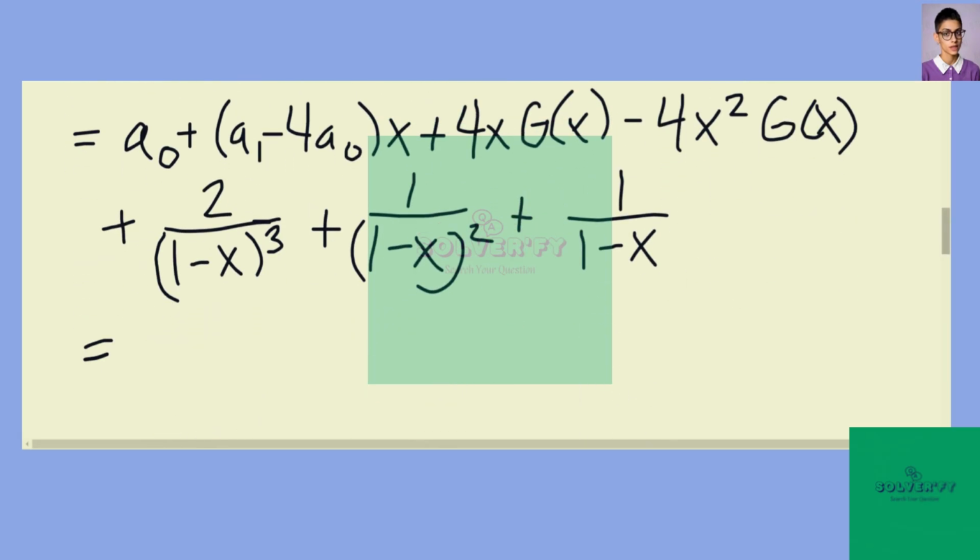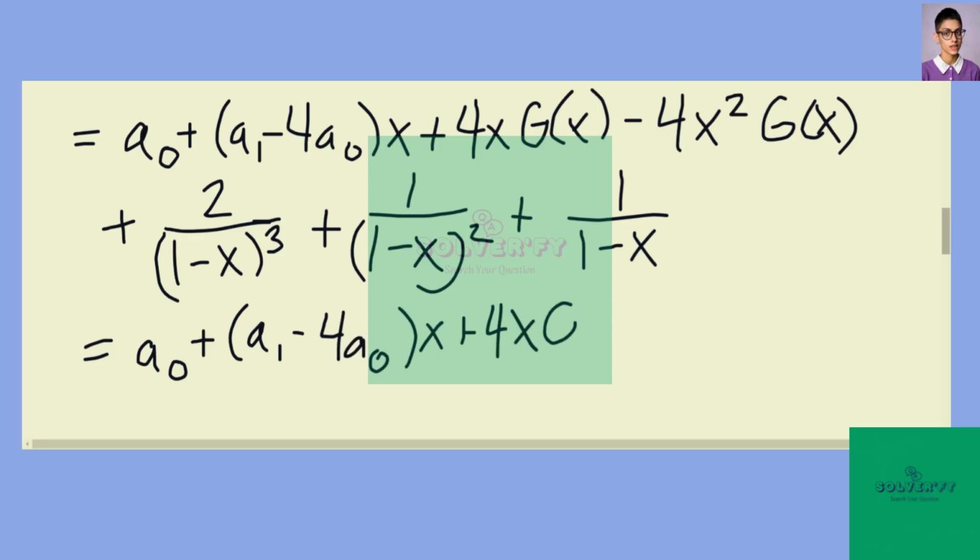which is equal to a0 plus a1 minus 4a0 x plus 4x g of x minus 4x squared g of x, plus, the least common denominator is 1 minus x cubed.